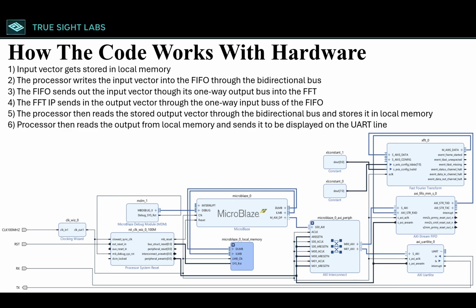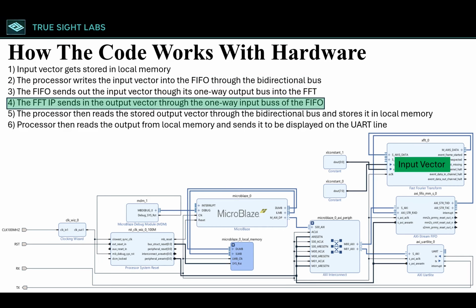This animation shows exactly how the code does the fast Fourier transform in hardware. First, the input vector is stored in local memory. Then, the processor writes the input vector into the FIFO through the bidirectional bus. Then, the FIFO sends out the input vector through its one-way bus into the FFT.